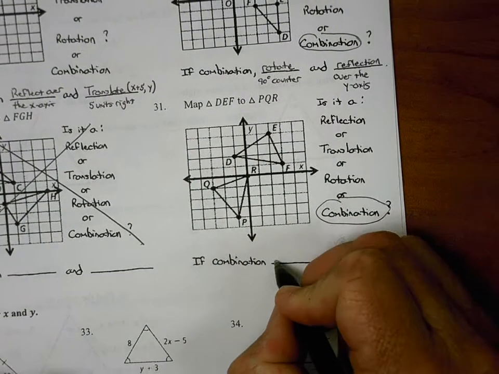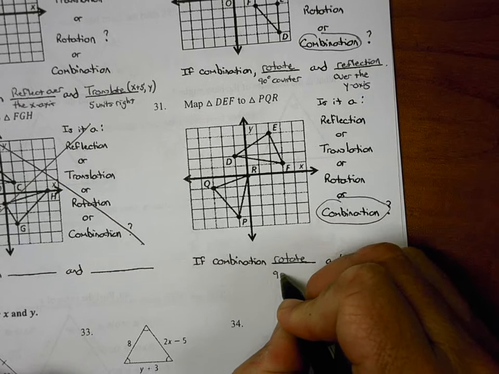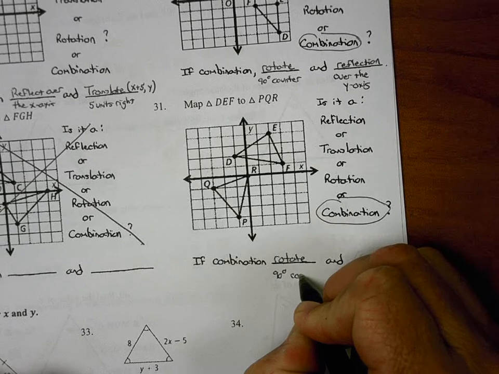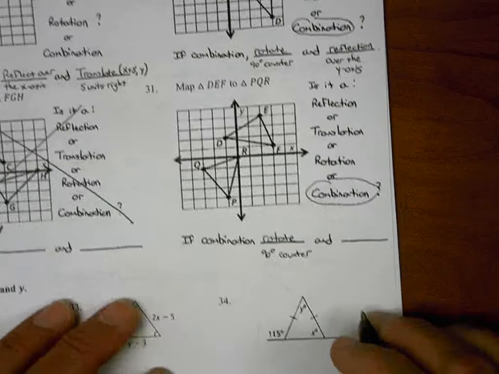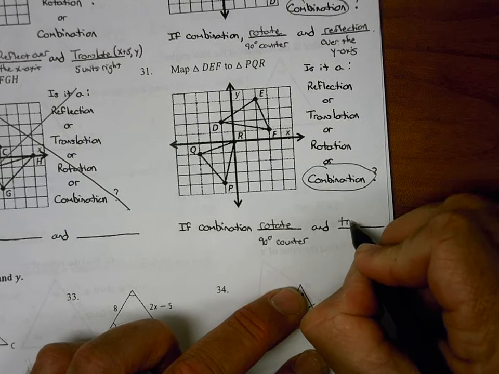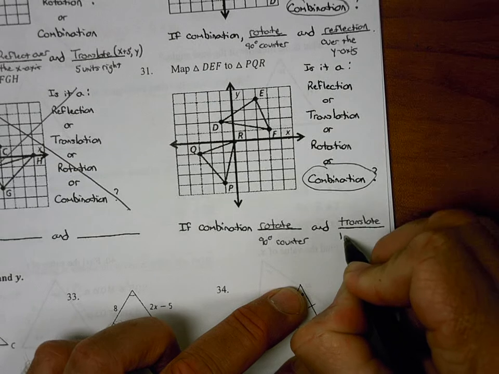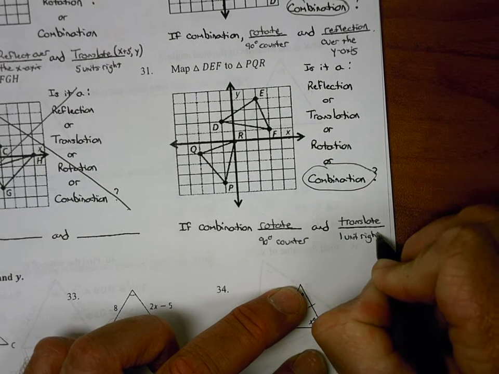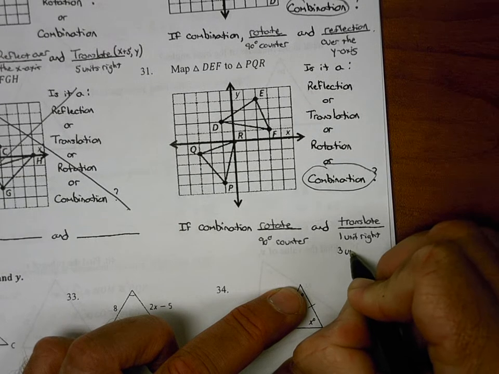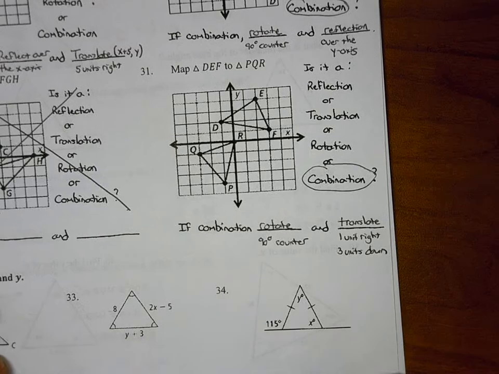We're going to do rotate 90 degrees counterclockwise, and you don't have to write counterclockwise, you could just write counter, and then we're going to translate 1 unit right, 3 units down. Okay, so that would be how you would go about doing number 31.